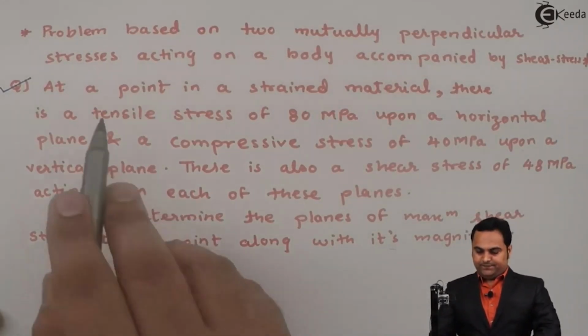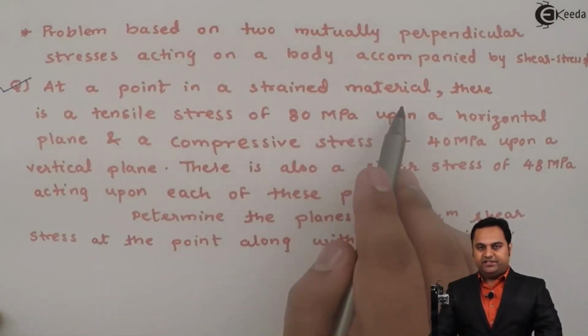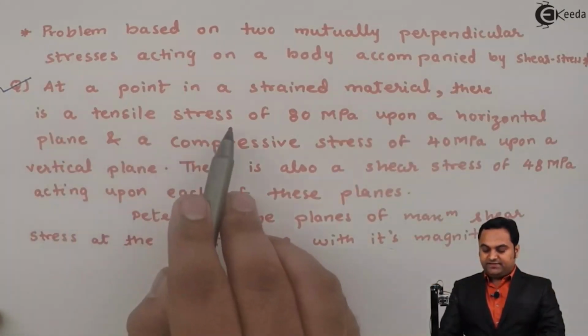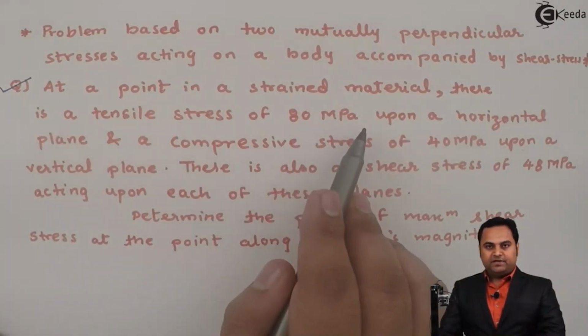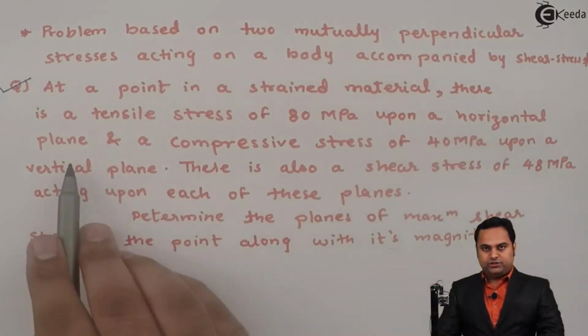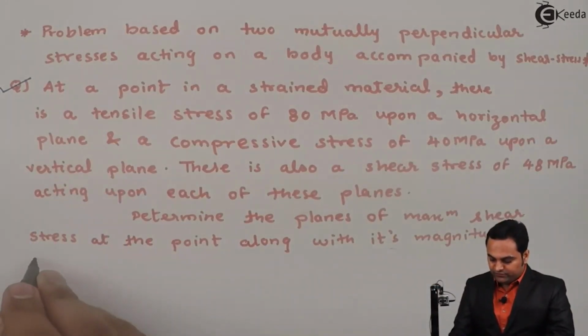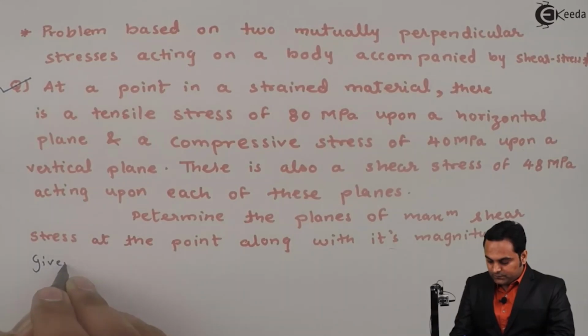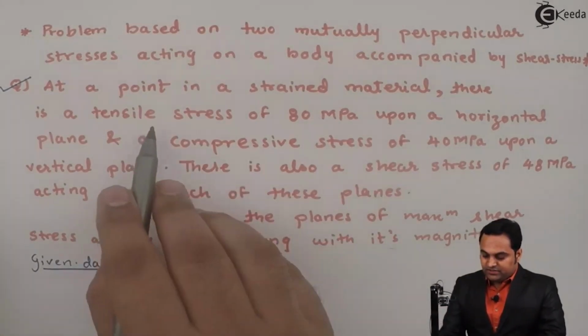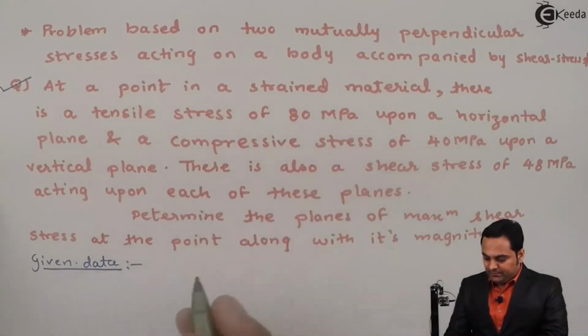Here it is given, at a point in a strained material, there is a tensile stress of 80 megapascal upon a horizontal plane. So the first thing in the data is that there is a tensile stress of 80 megapascal.